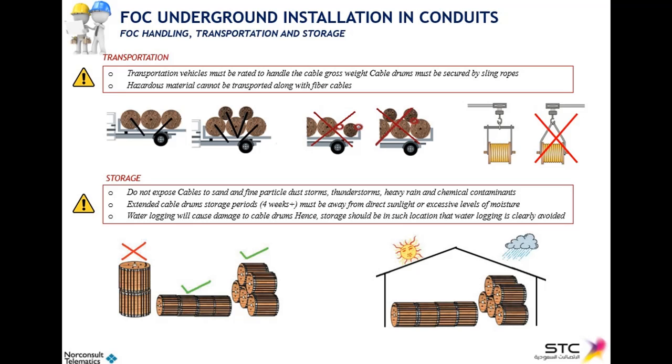On the storage side, we also have to follow some specific rules to avoid long-term cable and drum damage. Basically, the rule of thumb is that all cable drums must be sheltered and protected against sun radiation and moisture or rain. So the way to protect them is to shelter them.